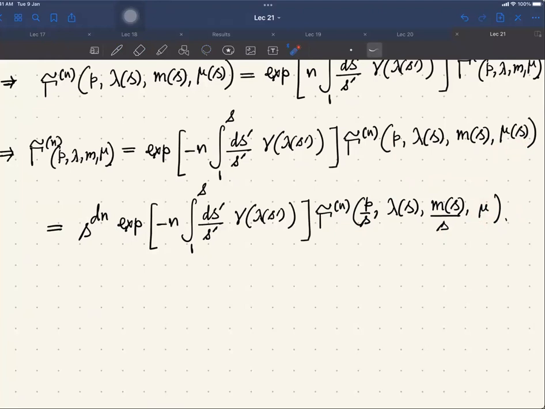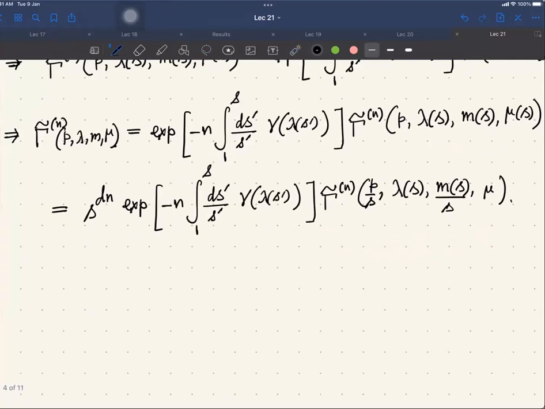Now, if I do that, then that would be wrong. This is not same as this, but it will become equal if I multiply this by s to the power dn, where dn is the mass dimension of this vertex.